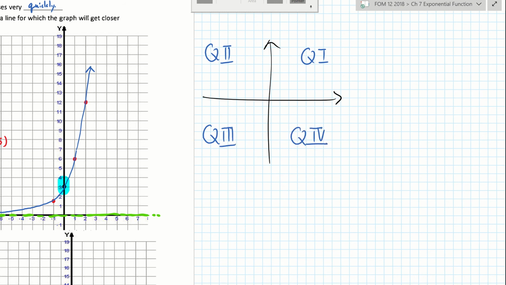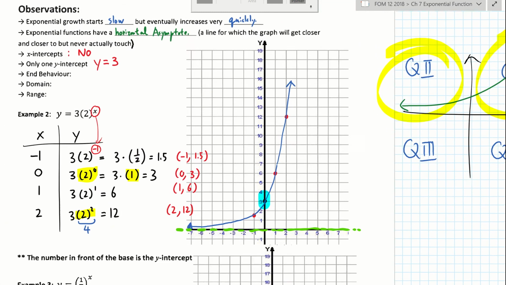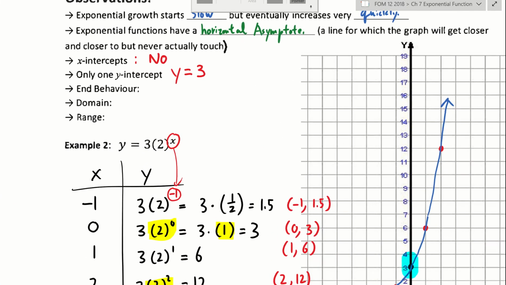They're asking you, where does the graph begin and where does the graph end from left to right? Our graph looks kind of like this, right? So it's starting at quadrant 2 and going to quadrant 1 if we start from left to right. So that's going to be our answer. End behavior means where does the end go? It's going from quadrant 2 to quadrant 1.